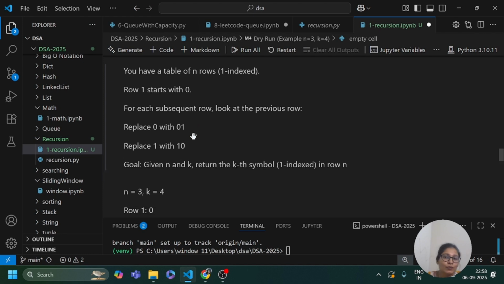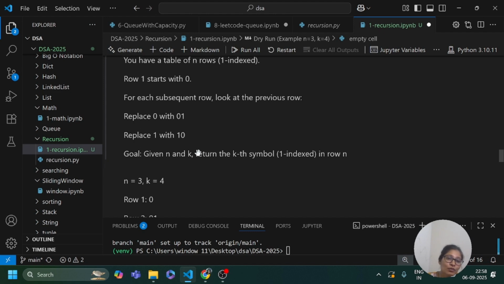Replace 0 with 0 1, so 0 is the previous one and it is replaced with 0 1. Replace 1 with 1 0. So the parent is 0 or 1, and it is replaced by these, for each subsequent row looking at the previous row.